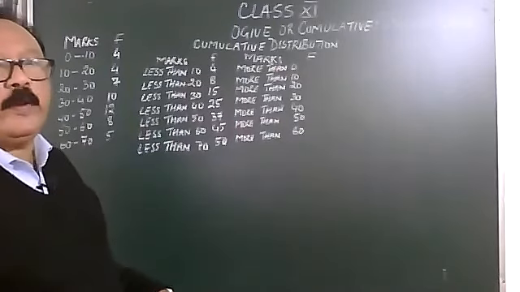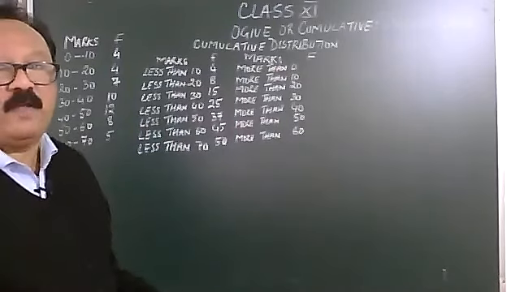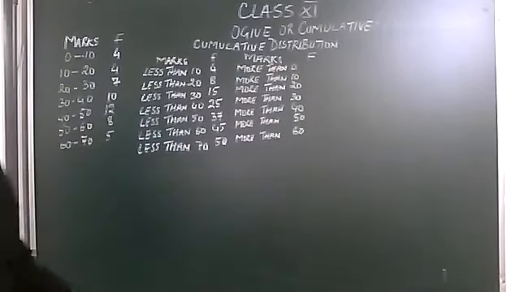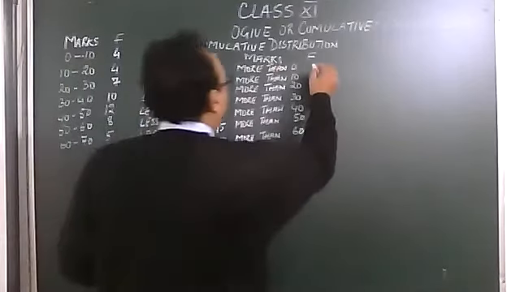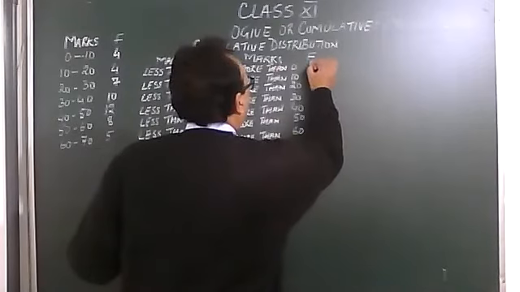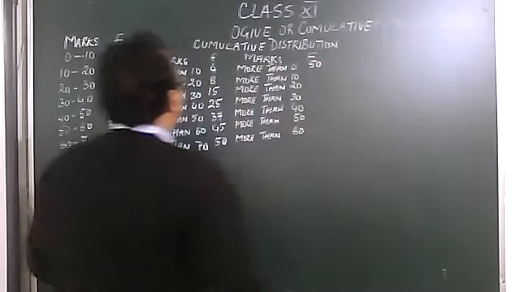Now what do we do with the frequency that we have? The maximum is 50. So more than 0 would be the maximum of 50.